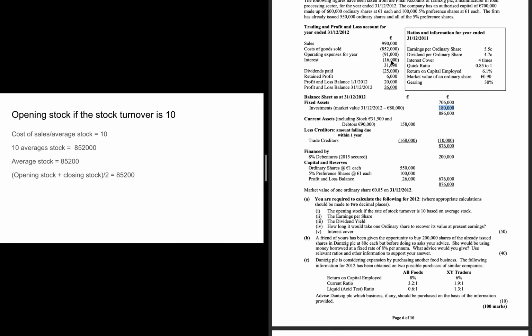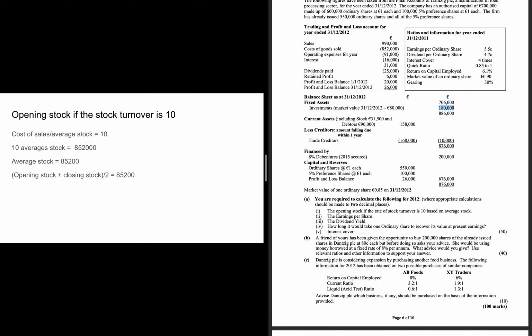So then you've got your opening stock plus closing stock over 2 is 85.2. Now we know our closing stock is 31.5. So if you take the difference between 31.5 and 85.2 and add whatever answer you get onto 85.2, that'll give you your opening stock.